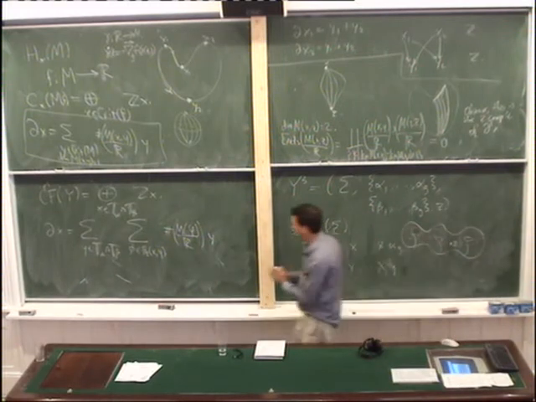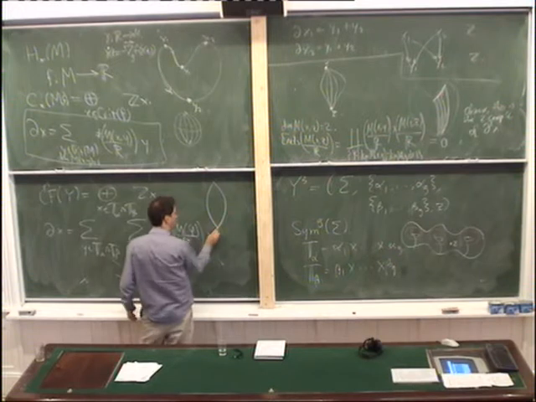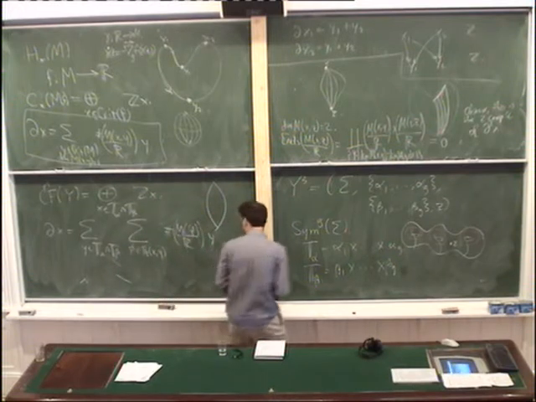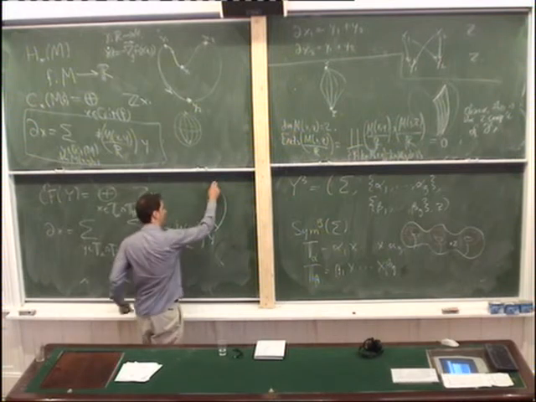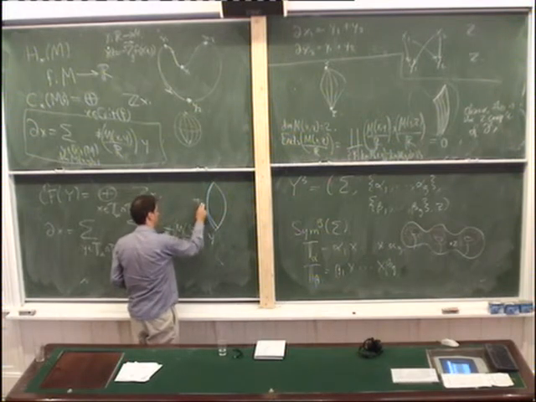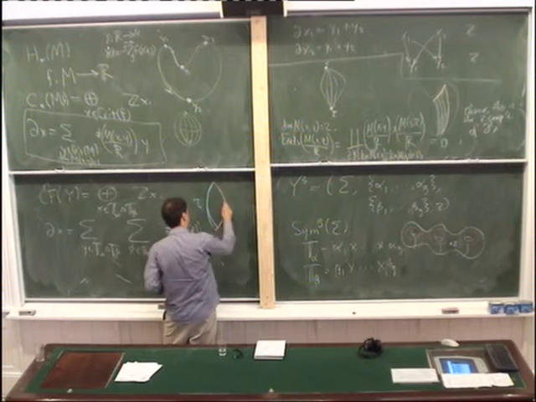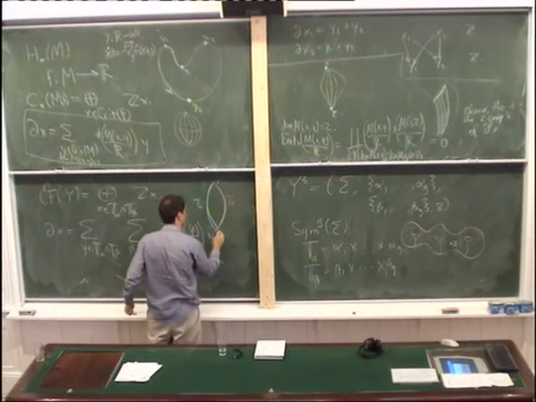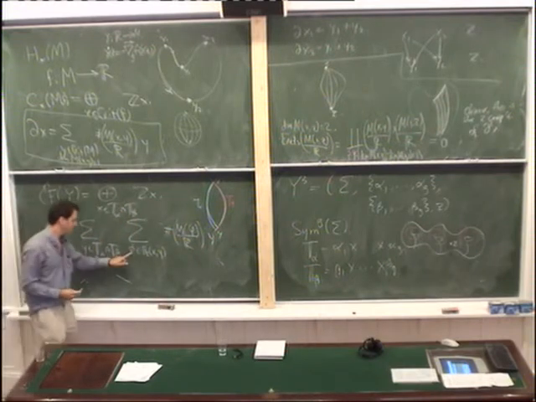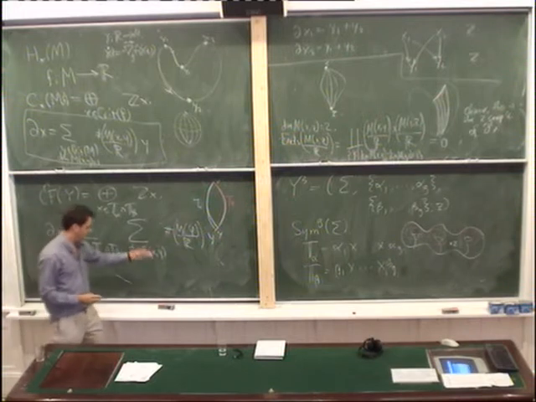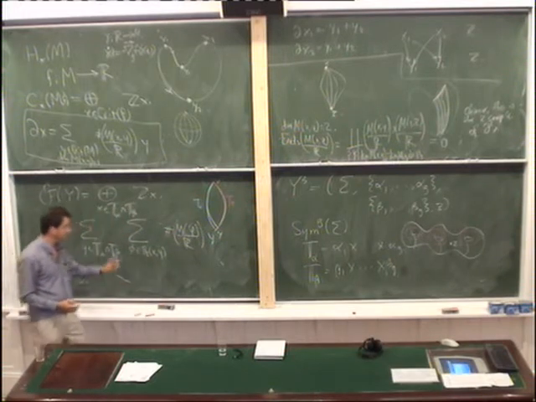It's meant to be homotopy classes of Whitney disks. Homotopy classes of maps which send the left arc into T alpha, the right arc into T beta, this to x and this to y. Homotopy classes of maps like this, that's pi 2 xy, and we look at the number of holomorphic representatives for that.